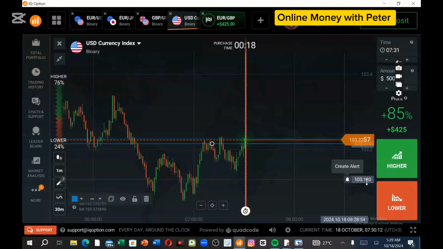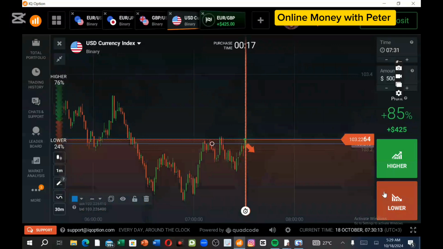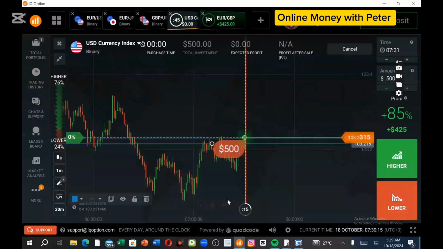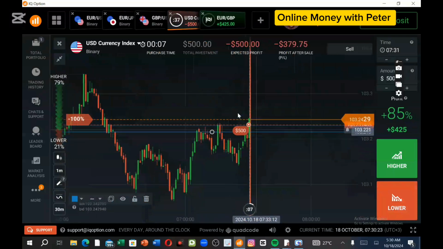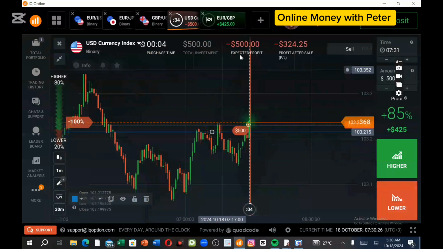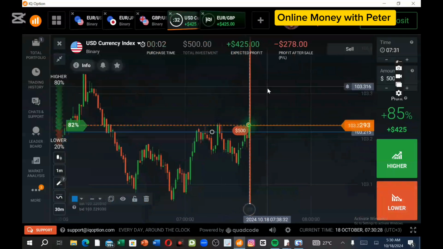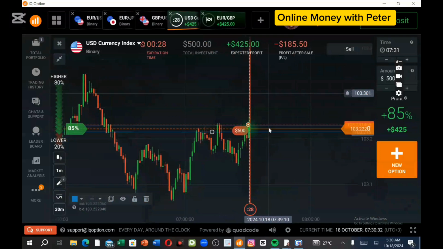I think I place a sell trade. This is a good place to place a sell trade. Actually want to break out of it, but let's wait and see the outcome. Okay, let's see.